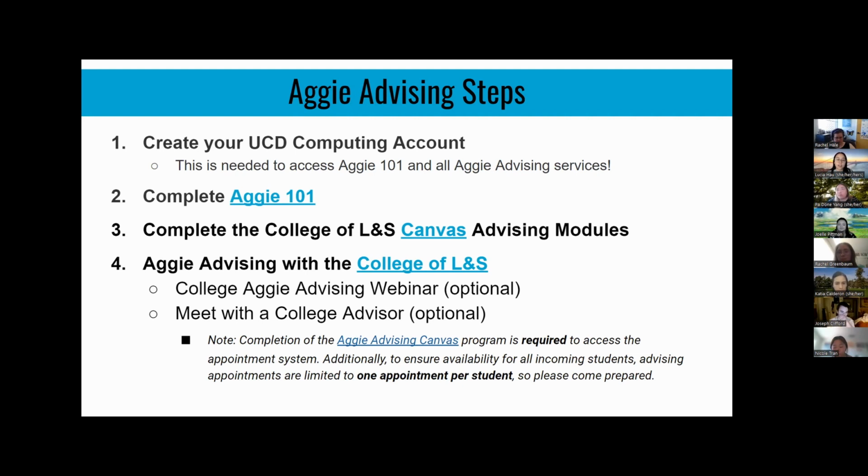After creating that, you would have to complete the Aggie 101, and I'm going to link that in the chat in case you don't have that. And then you will also need to complete the College of Letters and Science Canvas advising modules. I'll also link that as well.